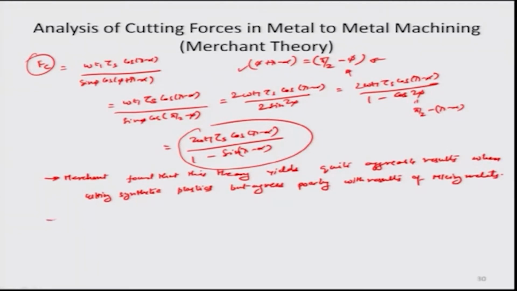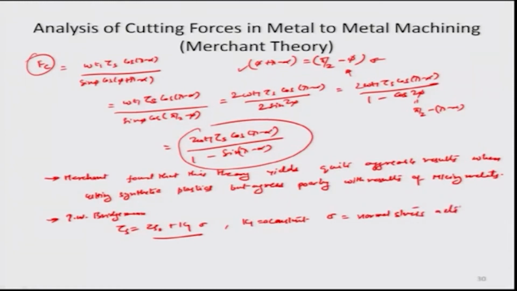In fact, the alternate theory he proposed was that we can relate the tau s to a basic tau s0 value plus something proportional to the normal stress sigma that is coming at the shear plane, okay, where K1 is a constant and sigma is the normal stress acting on the shear plane.